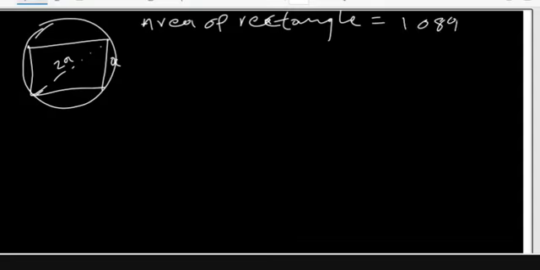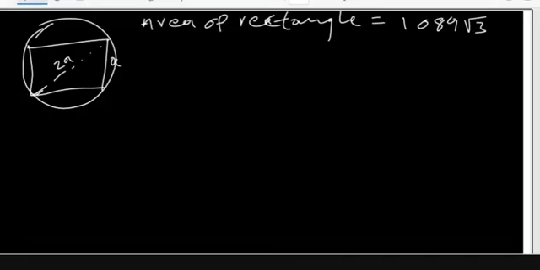Now the area of the rectangle is 1089 root 3. That's the area of the rectangle.